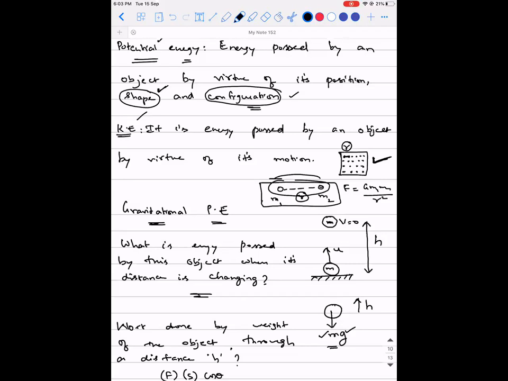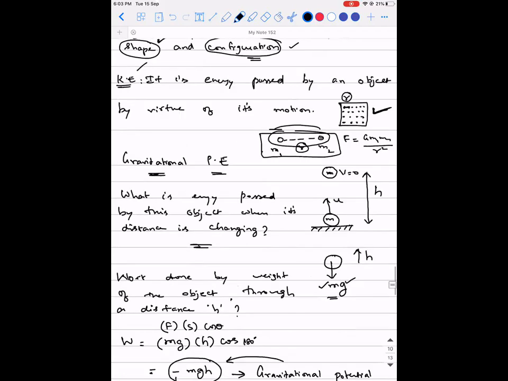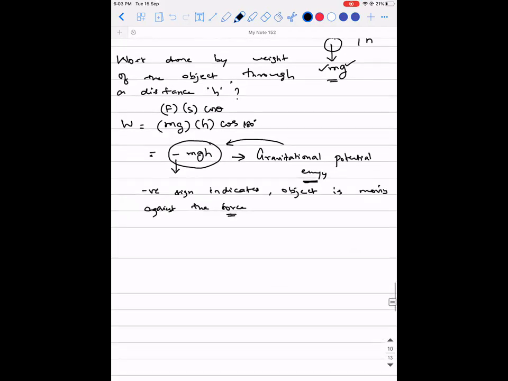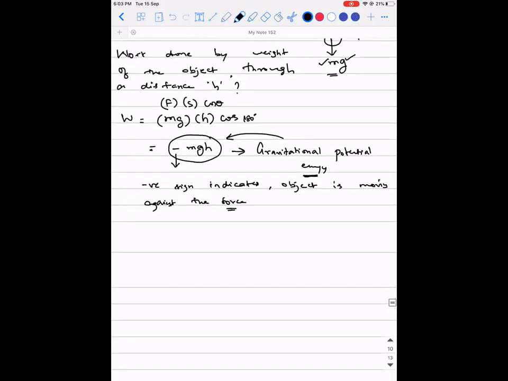So to put it very simply, configuration means the way we have arranged the particles in the system. That plays an important role. So that is what you mean by configuration.